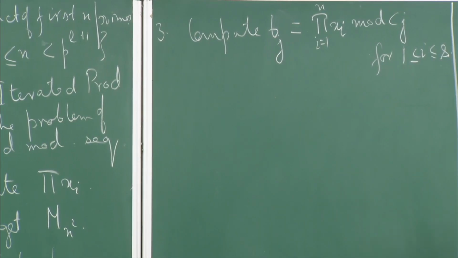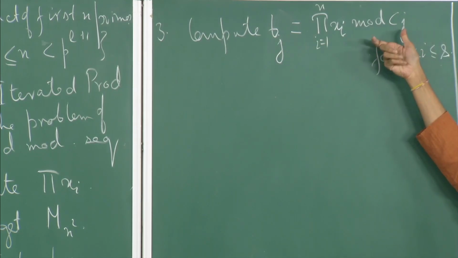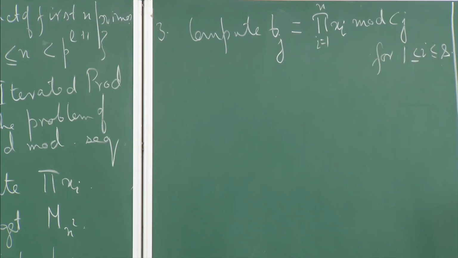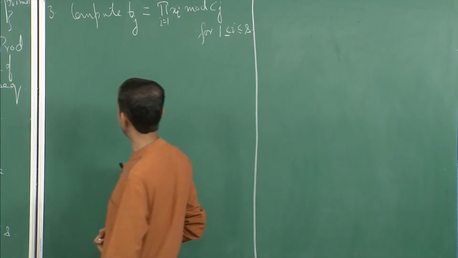Again, this is something that we have seen: if I am computing the product modulo a small number, a polynomial, then we can do this in NC1. So, using that algorithm we compute Bj.